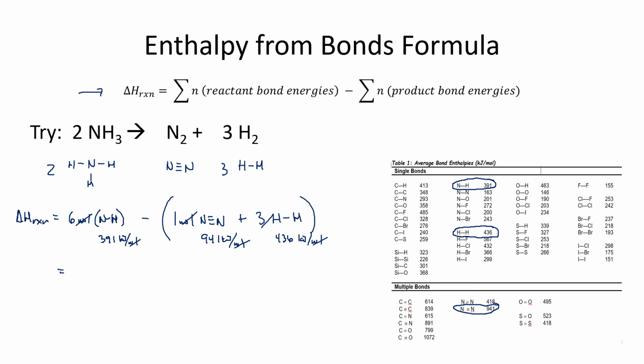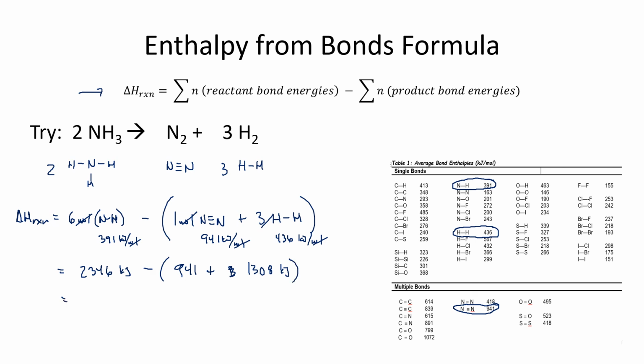So 6 times 391 equals 2346 kilojoules minus bracket 941 plus 3 times, let's do this one, 3 times 436 equals 1308 kilojoules.